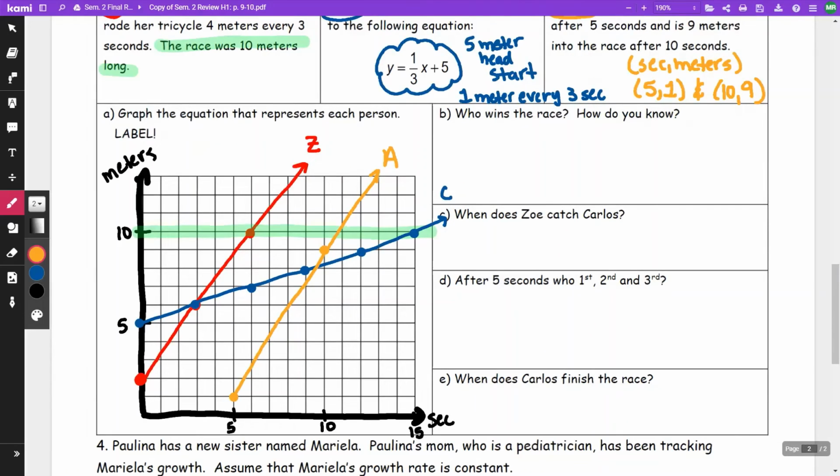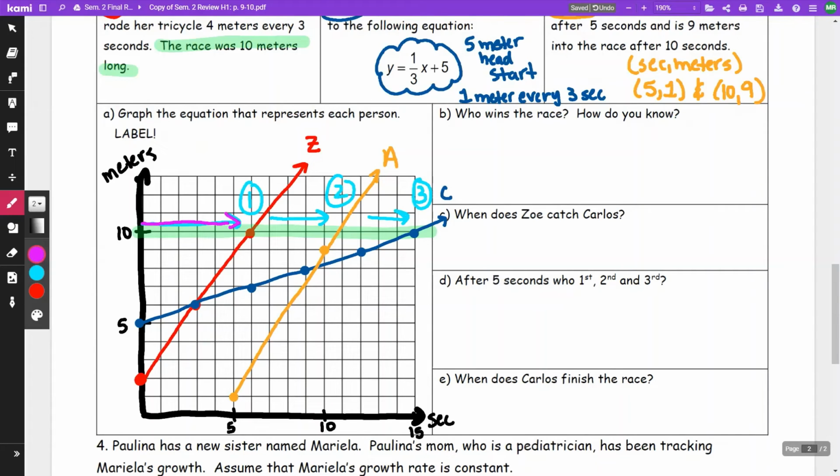It says, who wins the race? How do you know? So we want the person with the fastest time. We are going to be starting from here, going this way. So this is first place, second place, third place. Let me do that in a darker color.